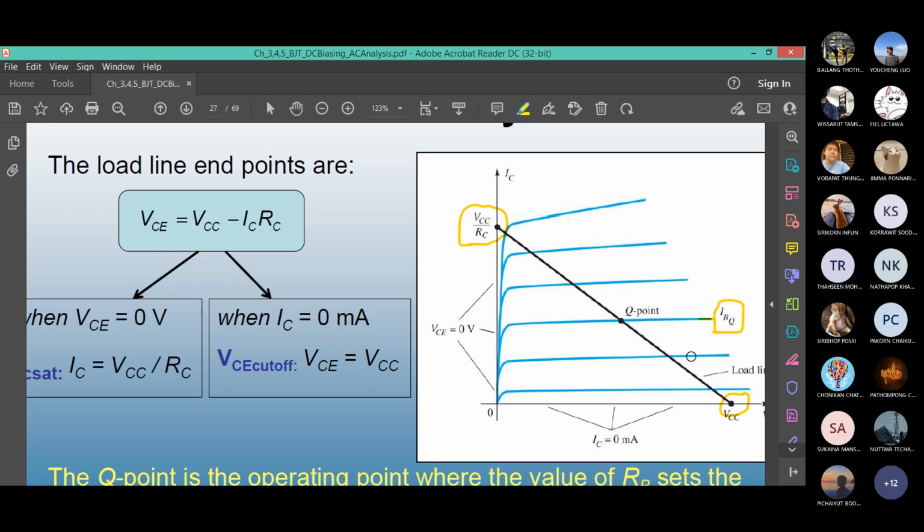Your load line joins this base current line, this is your Q point, the operating point. If you project a line straight down, this point here is VCEQ. That is your operating output voltage. We call it VCEQ.